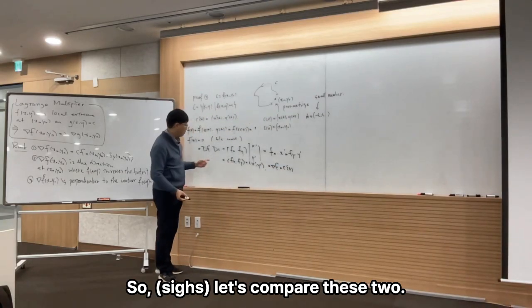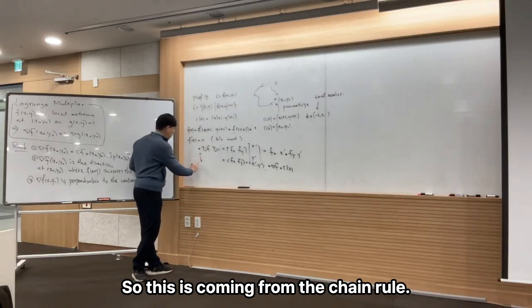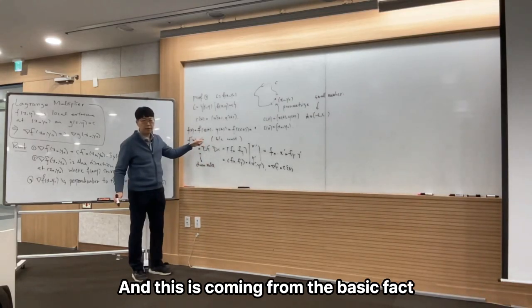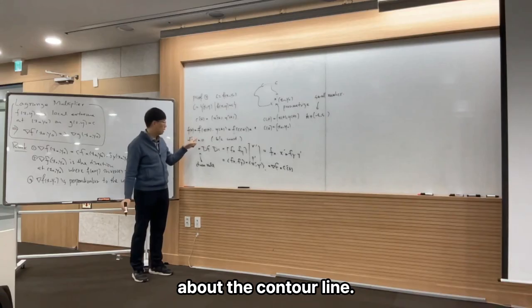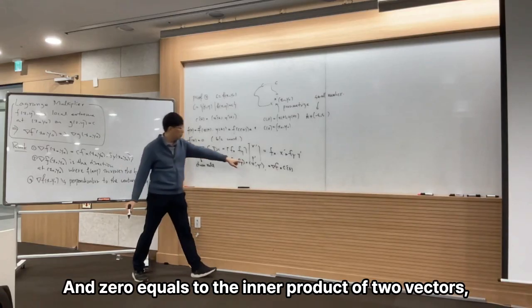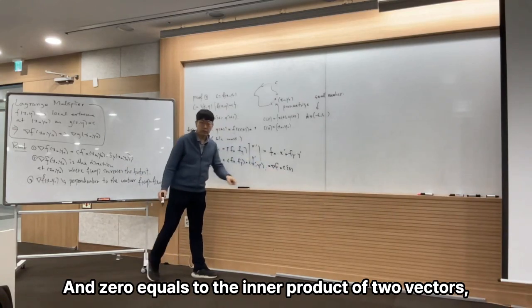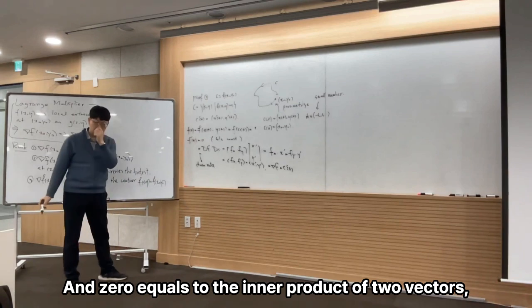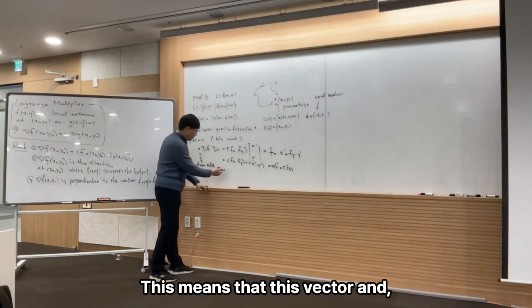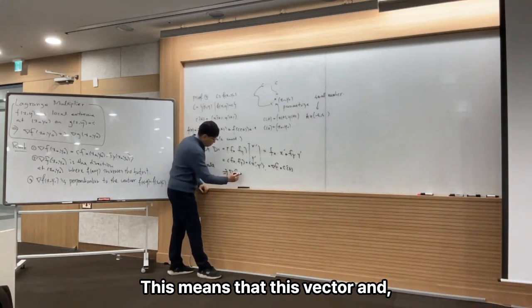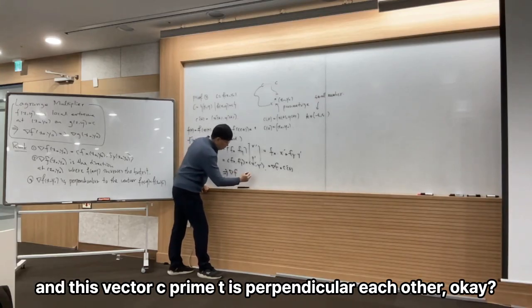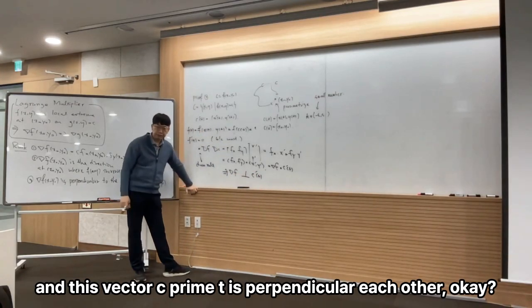So let's compare this to, so this is coming from the chain rule, and this is coming from the basic fact about the contour line. And 0 equals the inner product of two vectors. Which means, what does it mean? This means that this vector and this vector c prime t are perpendicular to each other.